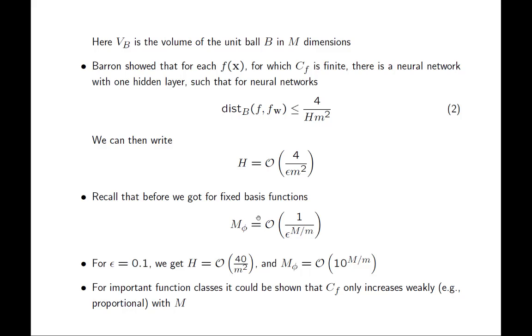Whereas if you remember the equation for the number of fixed basis functions, it was on the order of 1 divided by epsilon to the power of the input dimension m, so the complexity is in the exponent, and this gives you an explosion of required basis functions if you use fixed basis functions.